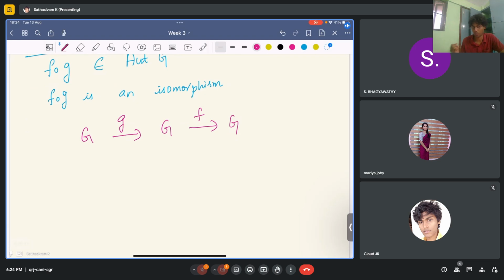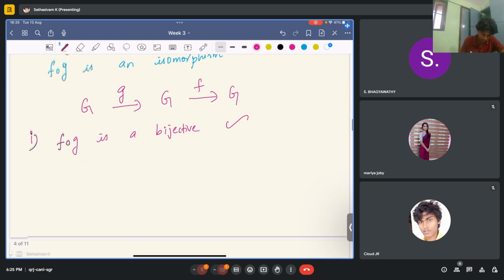In order to prove isomorphism, we have to prove two properties. First, f composed with g is a bijection. This is obvious, because f and g are bijections, so f composed with g is a bijection. This is a standard set theoretic property. So this is clear. Now let's prove that this is a homomorphism.